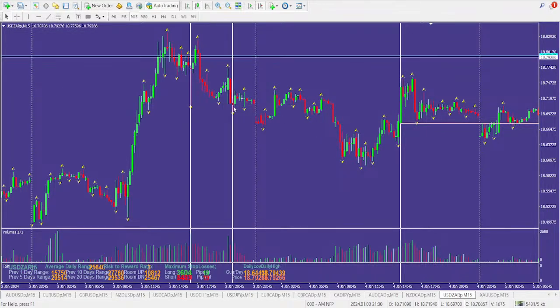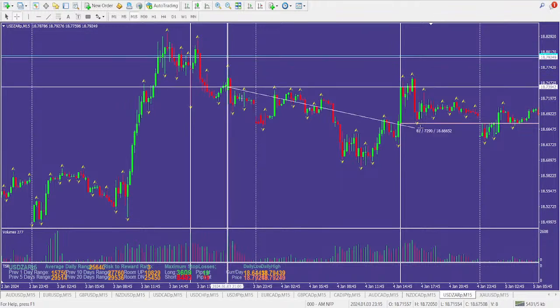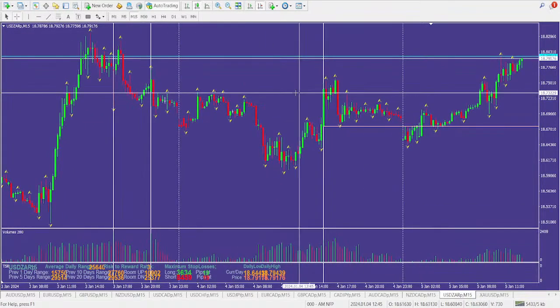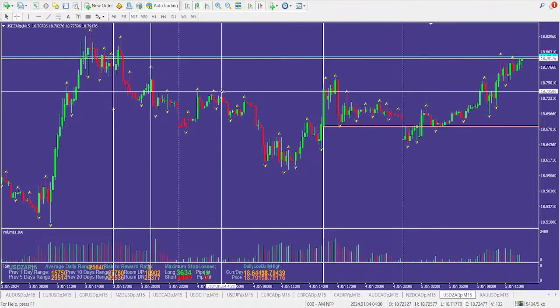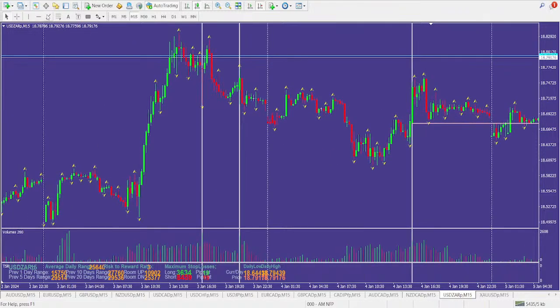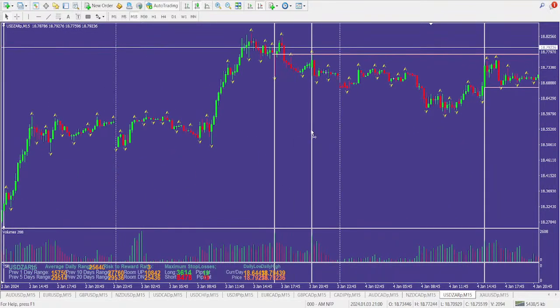We do have another high volume spike over here where price did push down with high volume, which price, as you can see, has already broken.